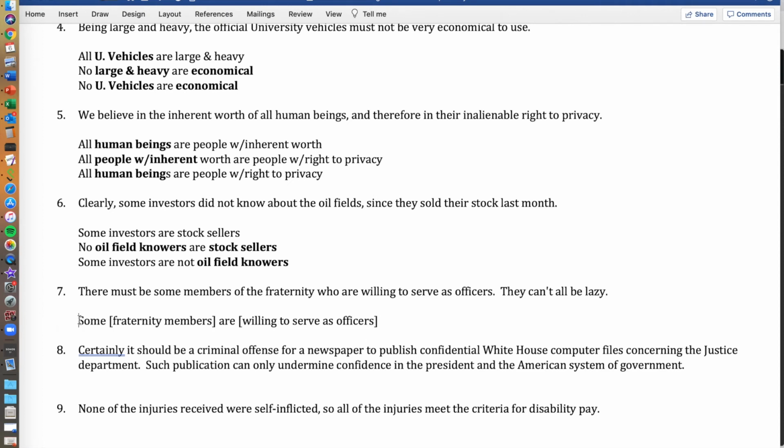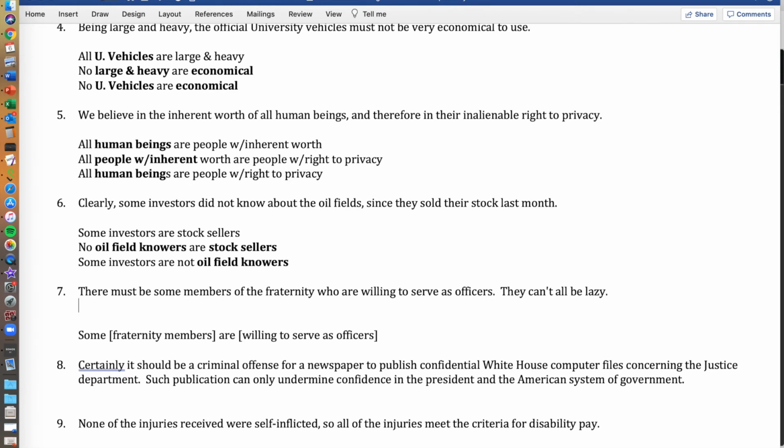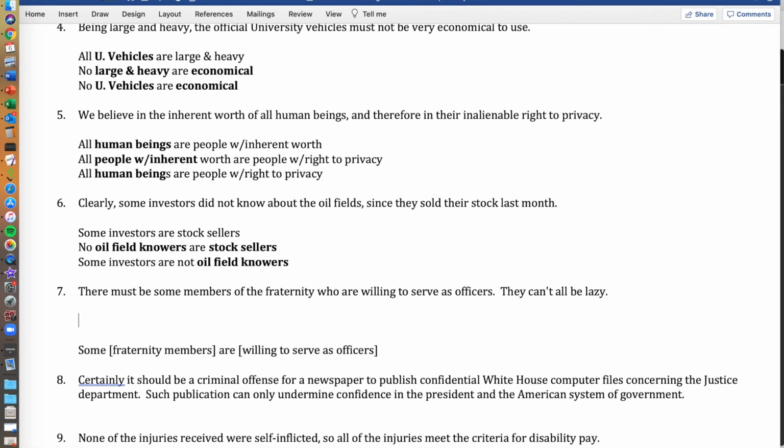And then I add in the premise, and the premise statement is going to be they, meaning the same fraternity members, some fraternity members are not lazy people. Okay.